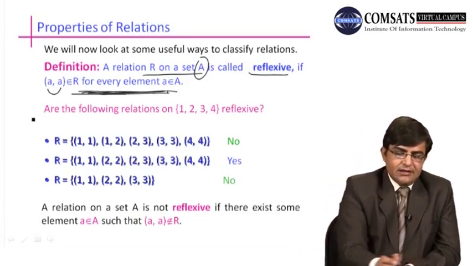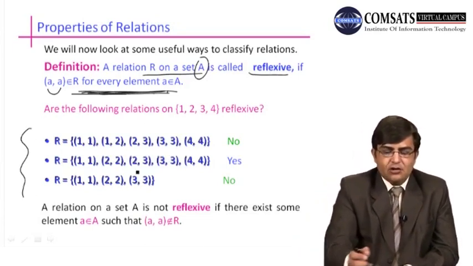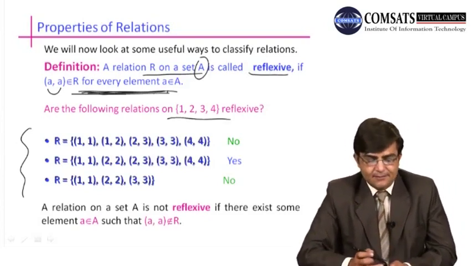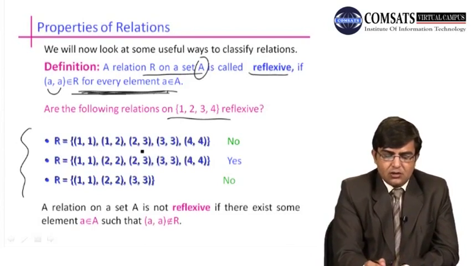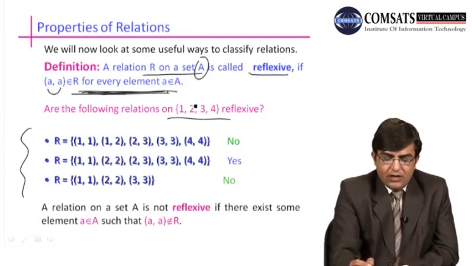Now we check whether these relations, which are defined on this set, are reflexive or not. Here the first relation is (1,1), (1,2), (2,3), (3,3), (4,4). We have this set.